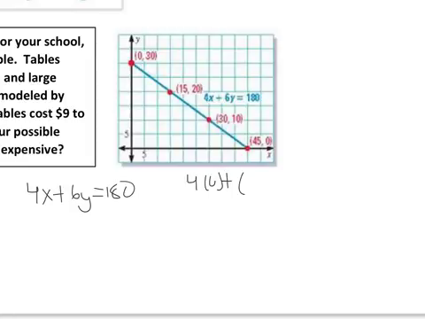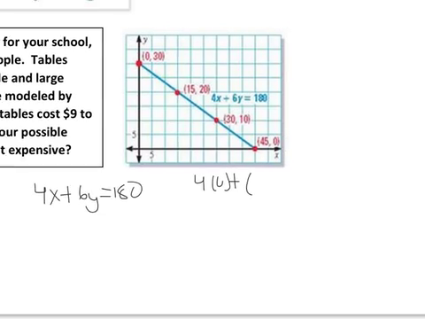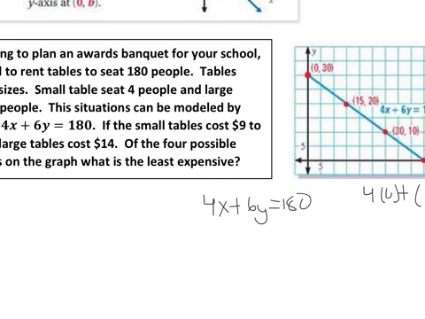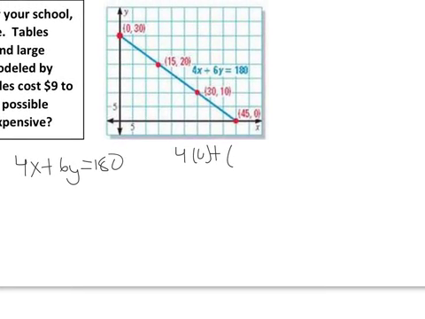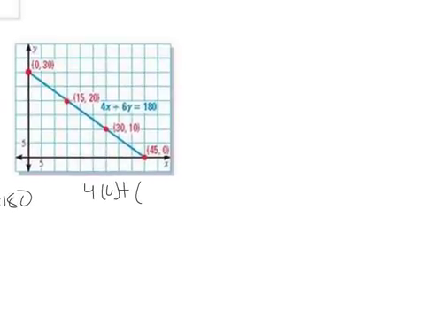Sorry. We're not using this equation. We are going to be using an equation that we're going to come up with. So if small tables cost $9 and large tables cost $14, what we need to look at is this. 9x plus 14y equals dollars.